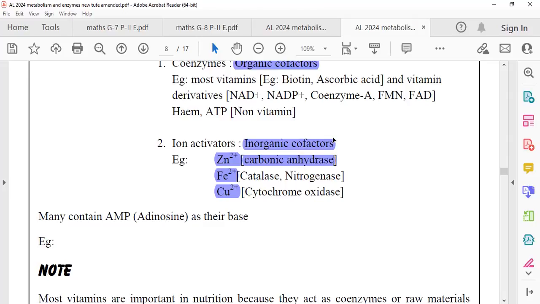What is the enzyme using Fe2 plus as ion activator? Catalase and nitrogenase. And what is the enzyme using Cu2 plus as ion activator?